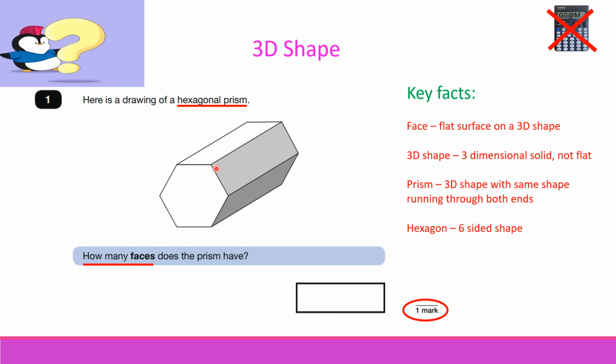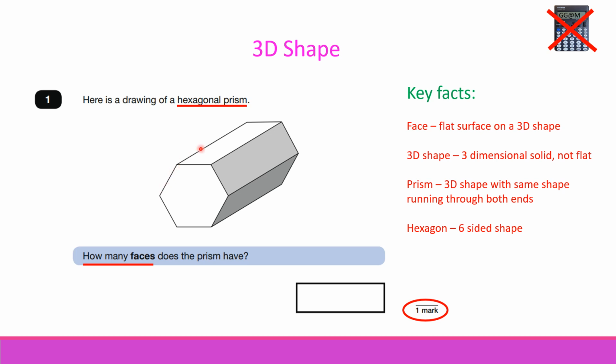So if you look at this shape here, I've got a hexagon on the end. So because I've got a hexagon on the end, that means there are 1, 2, 3, 4, 5, 6 edges of the hexagon, which means for every edge there is a rectangle. So this is 1, 2, 3 that you can see. There is a hidden one at the bottom, a hidden one on the left hand side, and a hidden one on the left hand side over here.